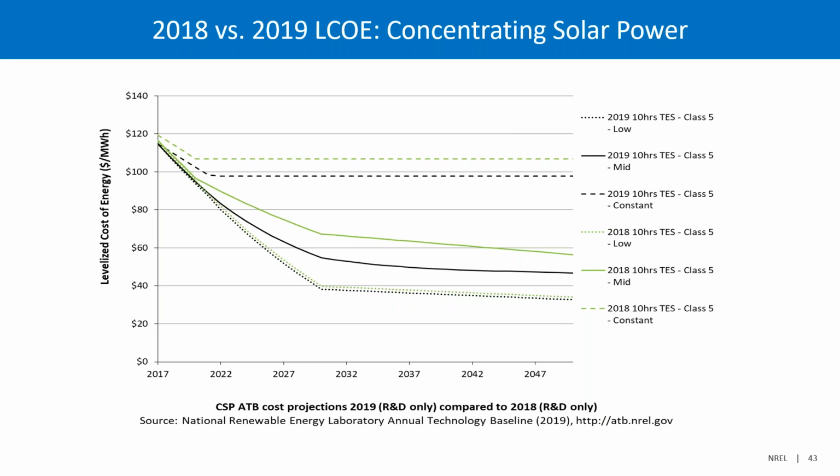As can be seen, the 2019 mid has improved in terms of LCOE, and that's because of an improvement in the Capex projections, where, for example, by 2050, the levelized cost of CSP for electricity could be around $58 per megawatt hour in California, compared to last year, which was about $70 per megawatt hour.